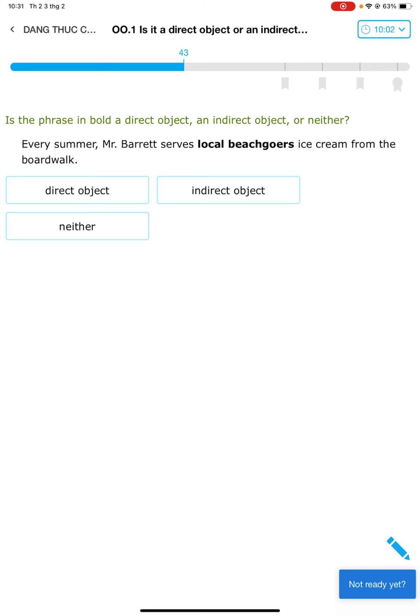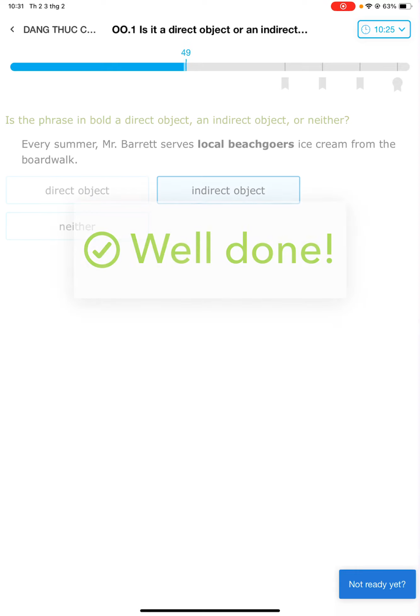However, it's asking about local beachgoers. I think it is an indirect object because local beachgoers is standing in between the verb served and the direct object ice cream. So it is an indirect object.